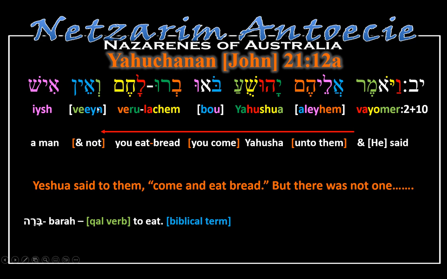So, and then we have the ein, meaning and not, because ein means not. Ish, a man. So Yeshua said to them, come and eat bread. But there was not one. Often when it says a man, they'll often say one.